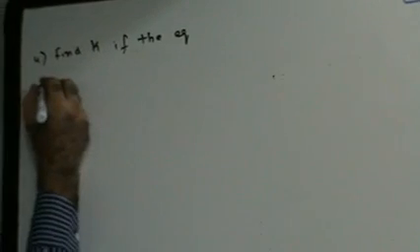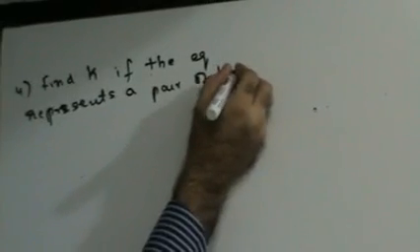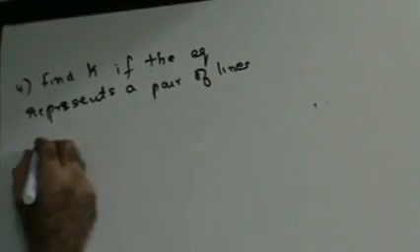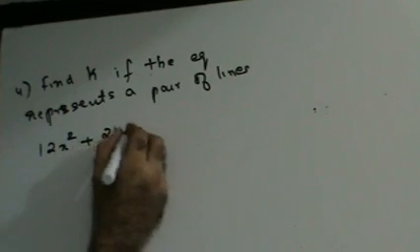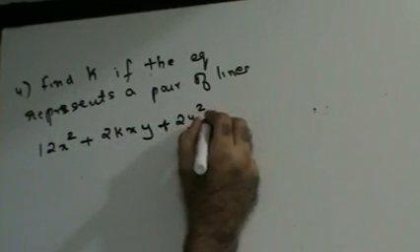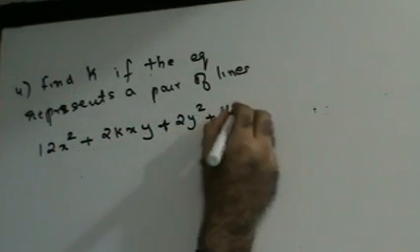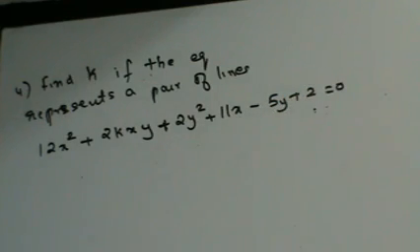Find K if the equation represents a pair of lines. The equation given to you is 12x square plus 2kxy plus 2y square plus 11x minus 5y plus 2 is 0.